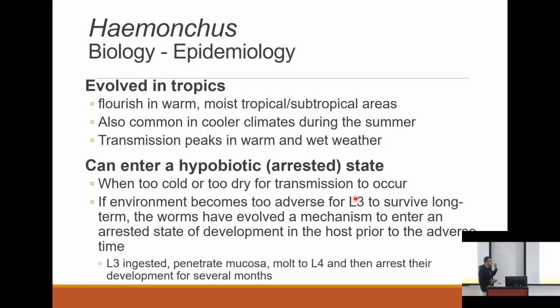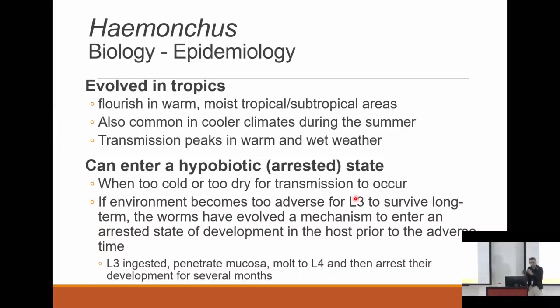However, in the first lecture, I gave you the definition of the hypobiotic state or arrested state. Anyone remember that? Yes? This is the state or condition when the parasite goes into inhibition in the abomasum, or wherever the predilection site is.